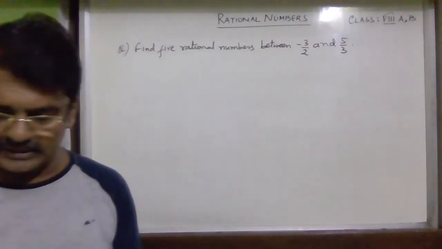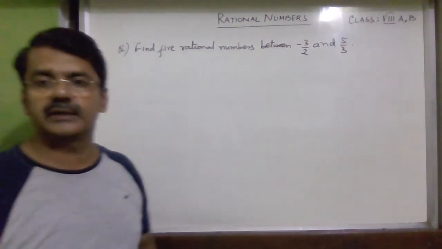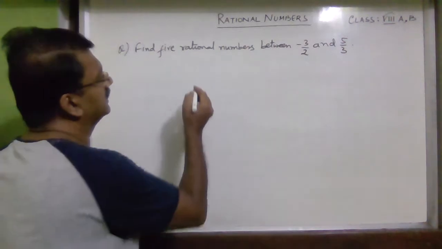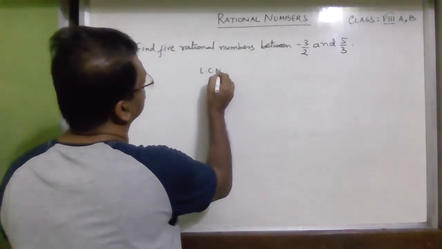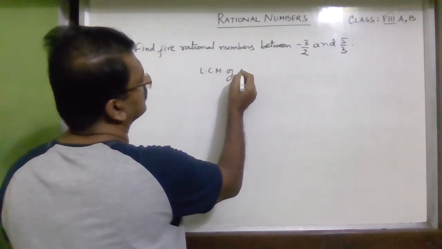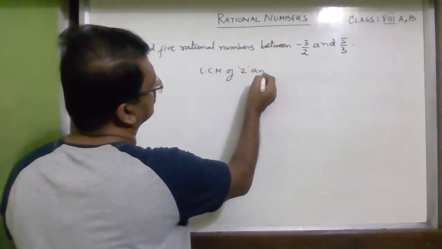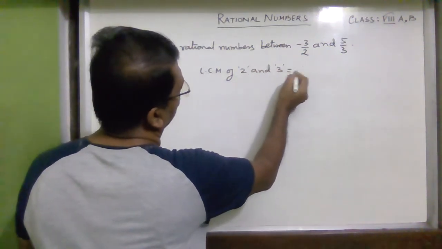So here also you can see the denominators are different, 2 and 3. So LCM of 2 and 3 will be equal to 6.